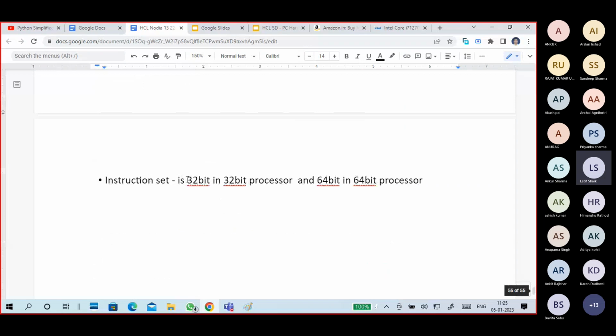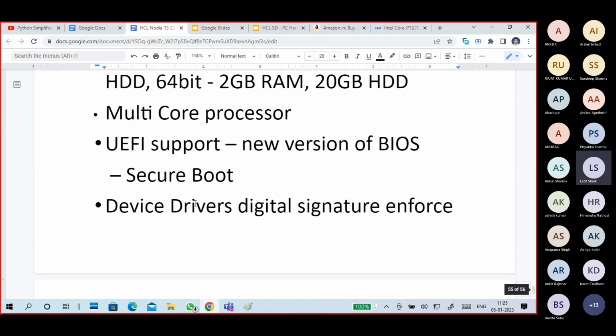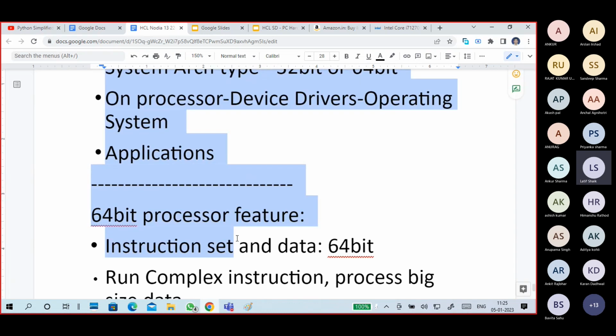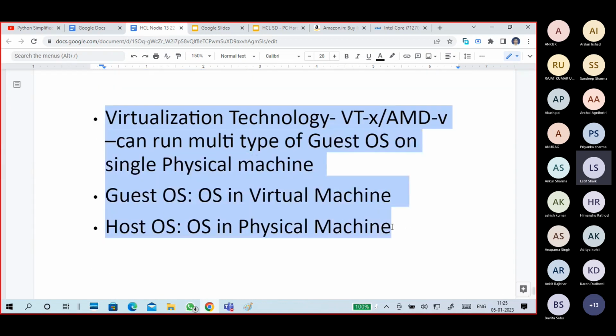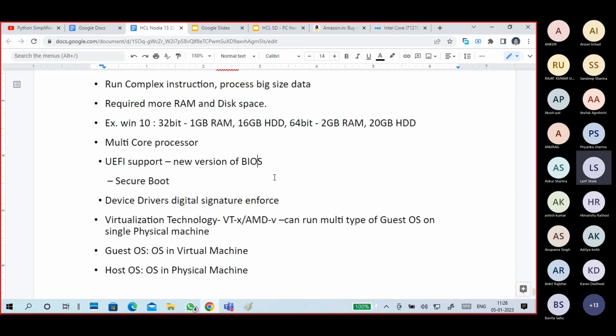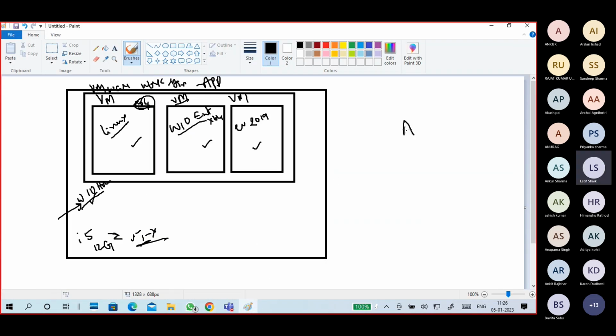So this is about your processor, and I told you about 32-bit and 64-bit. Mainly, your instruction set is 32-bit in a 32-bit processor and 64-bit in a 64-bit processor. Guys, every data is in binary format, right? So first of all, everything is in binary format. You put a letter, for example, A is a letter.